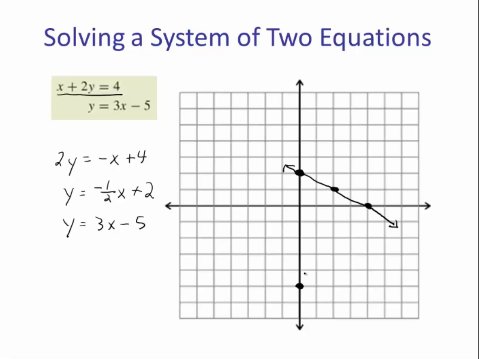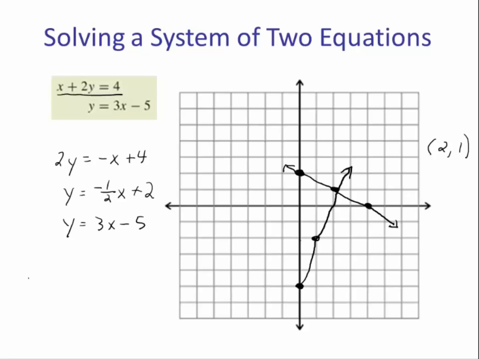So I rise 3: 1, 2, 3, over 1. Connecting the points, we see the point of intersection is here. So the solution is (2, 1). The answer to questions 1, 2, and 3 is the same ordered pair.